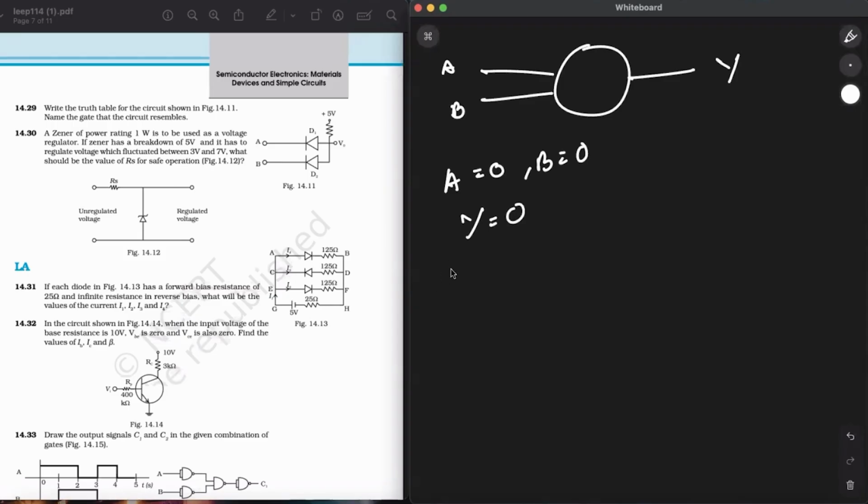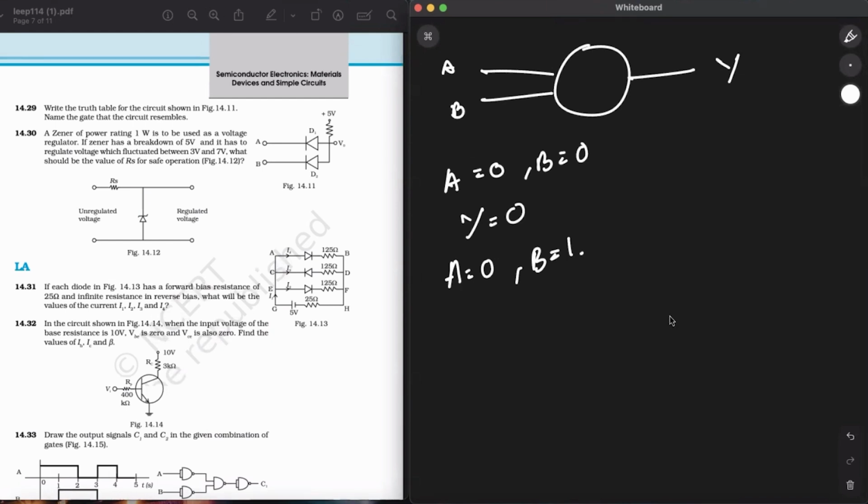Moving on. When A is equal to 0 and B is equal to 1, D1 will conduct, but D2 does not conduct.